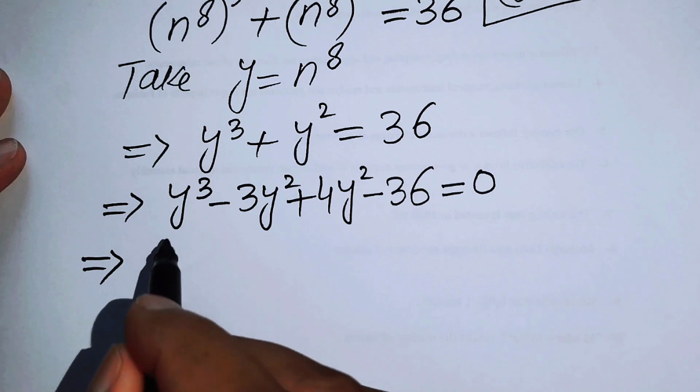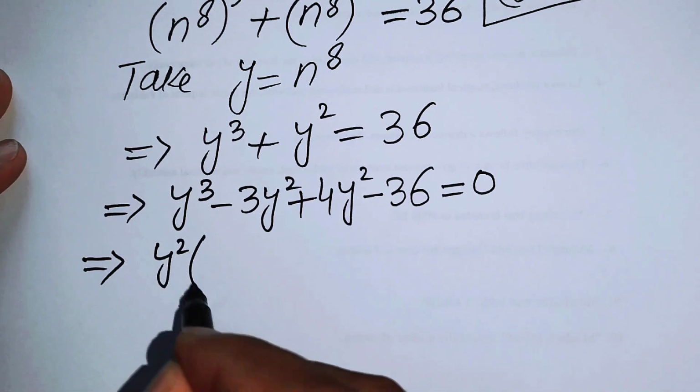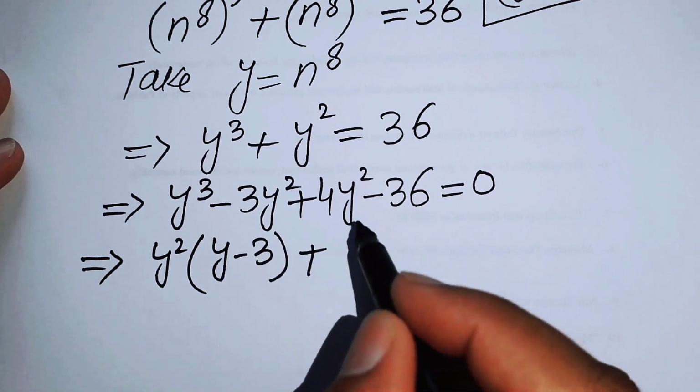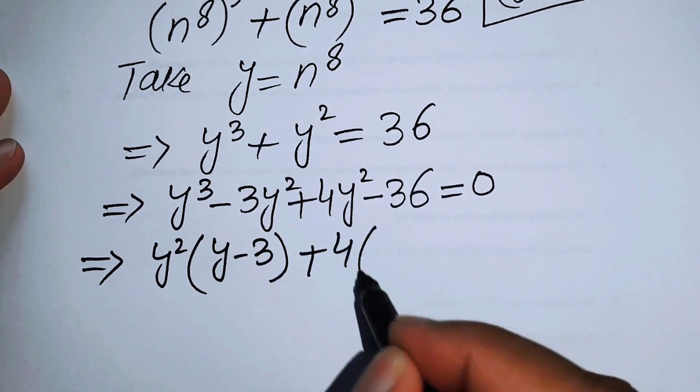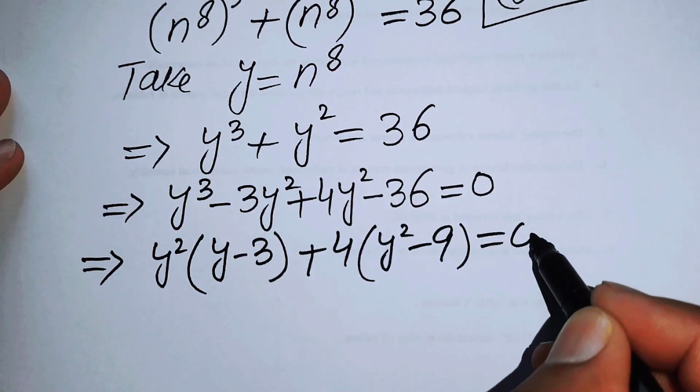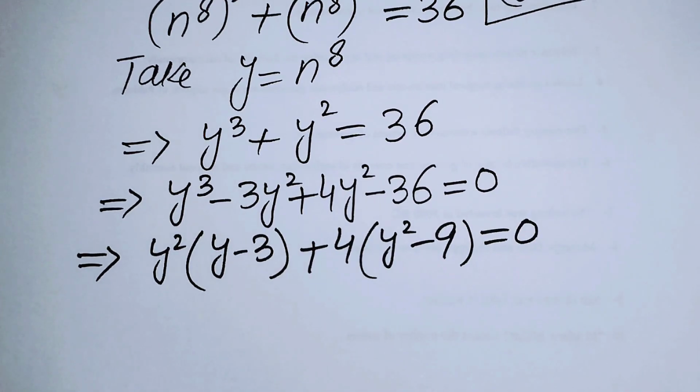In the first two terms we take common y squared, and you get y minus 3, plus here you take common 4 and you get y squared minus 9 equals 0.